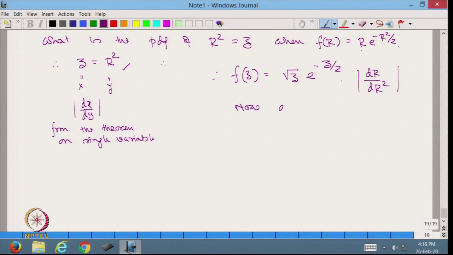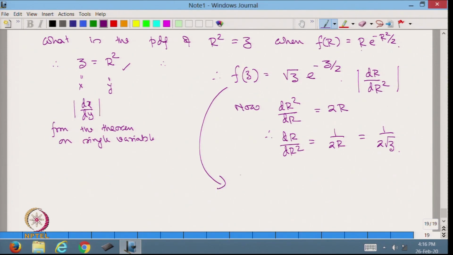Now, d r square by dr is equal to 2r. Therefore, dr by d r square is equal to 1 upon 2r, which is equal to 1 upon 2 root z.